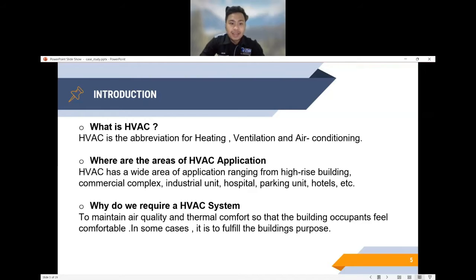HVAC has a wide area of application ranging from high-rise buildings, commercial complexes, industrial units, hospitals, parking units, hotels, etc. Why do we require an HVAC system? To maintain air quality and thermal comfort so that the building occupants feel comfortable. In some cases, it is to fulfill the building's purpose.